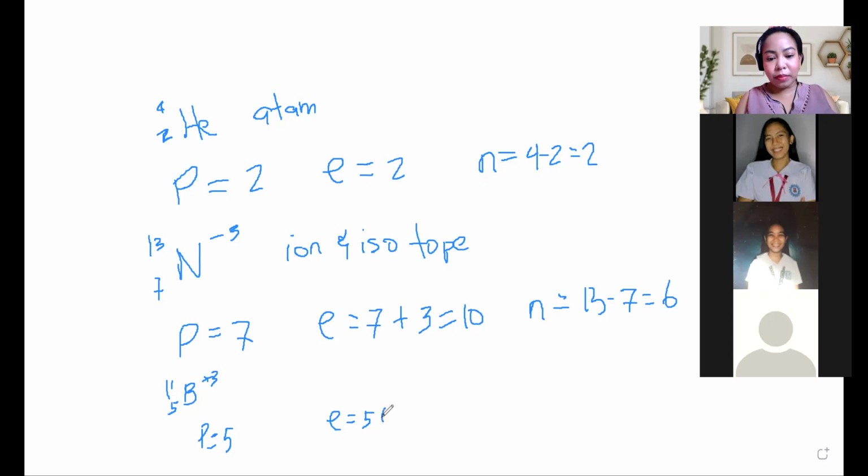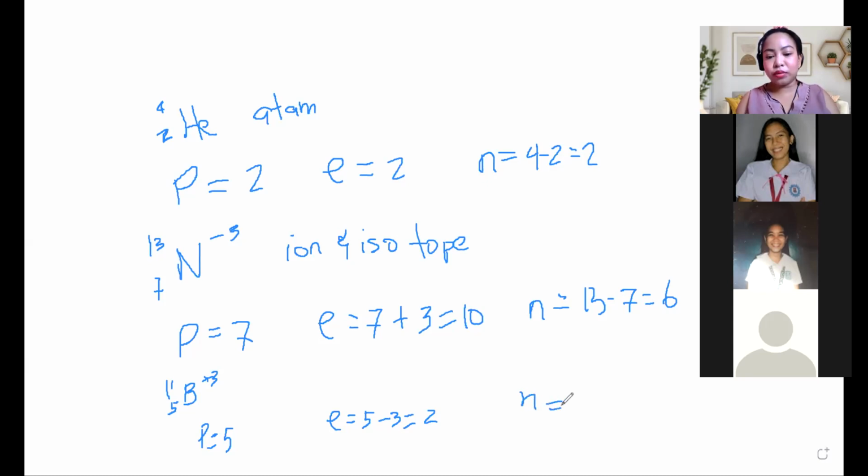So that means minus 3. For the charge, the opposite is what you put here. Understood? So 5 minus 3 is left with 2 electrons. It means that boron releases 3 of its electrons.